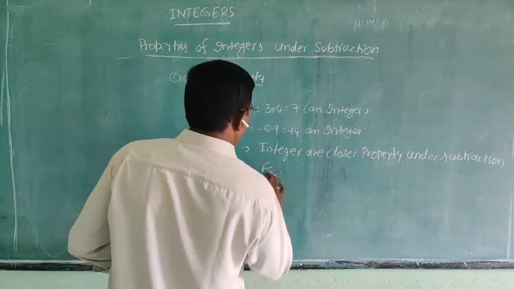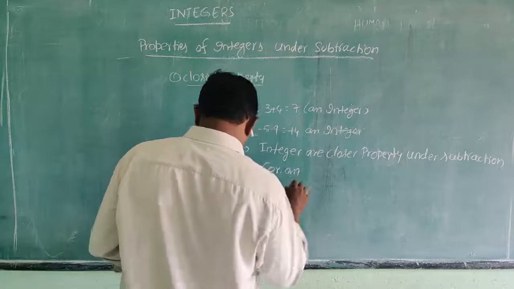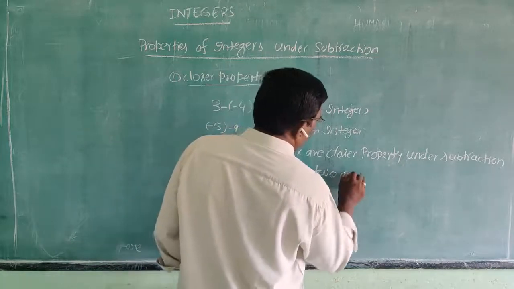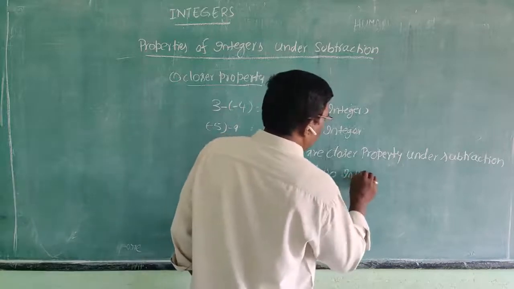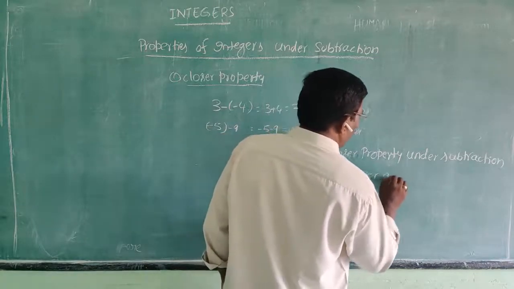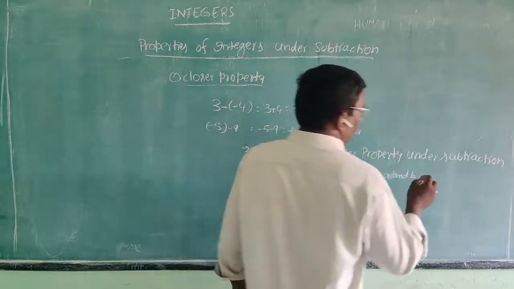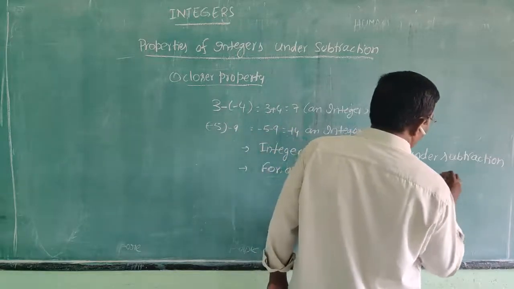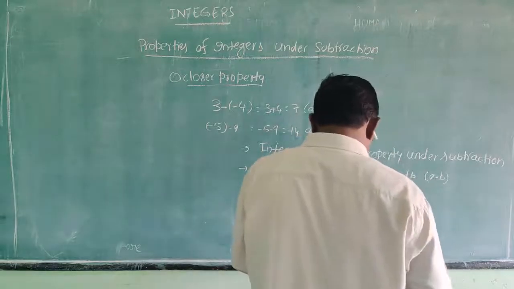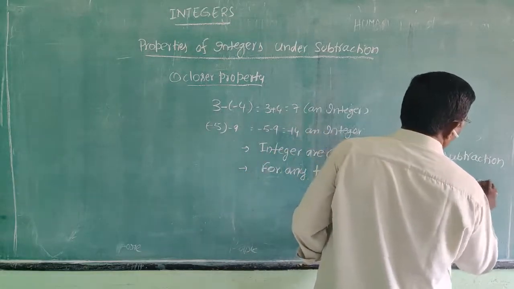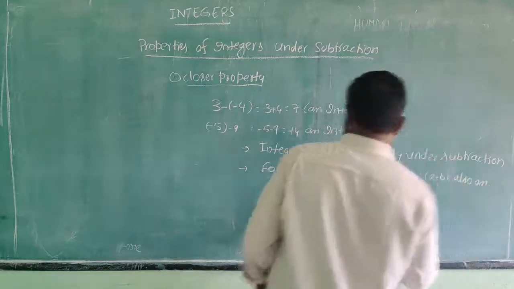For any two integers a and b, a minus b is also an integer.